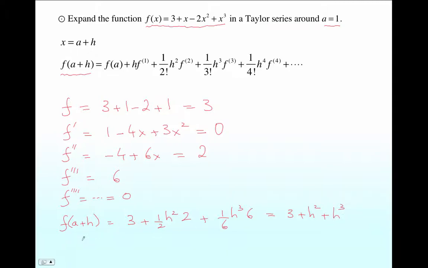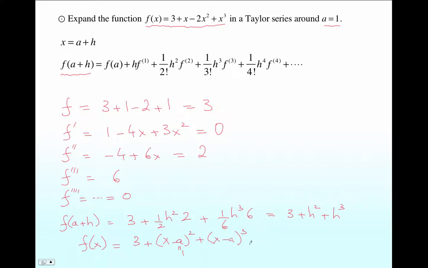Now we could write this in the following form. f of x is 3 plus x minus a squared plus x minus a cubed. Now you could have written this down directly, and here of course a is 1, so we could write this as x minus 1 squared plus x minus 1 cubed.